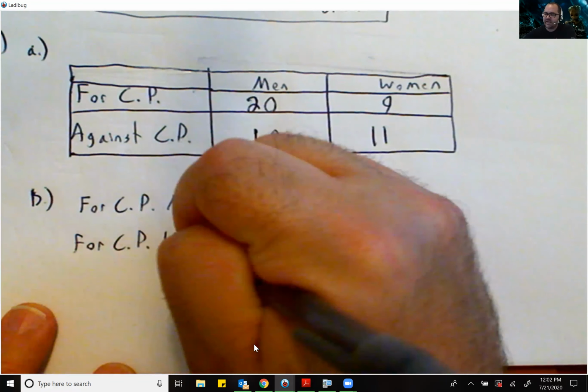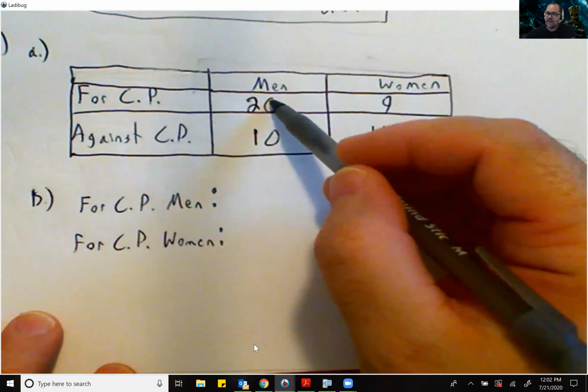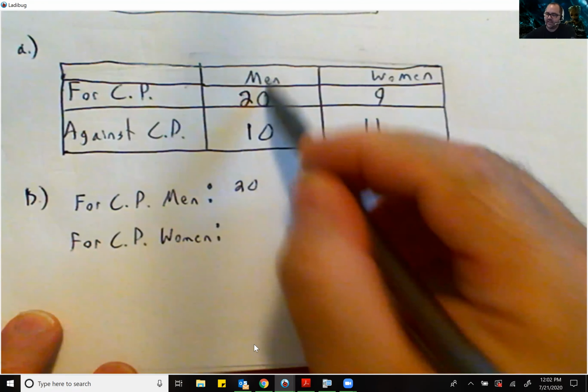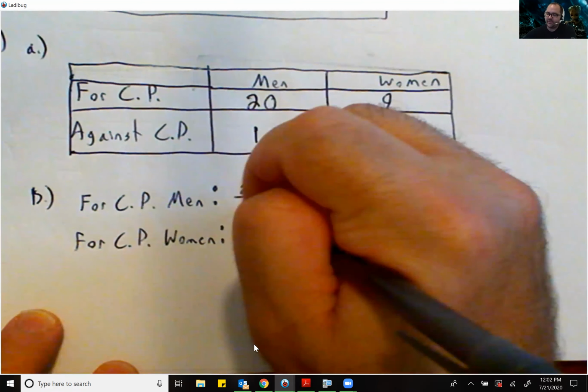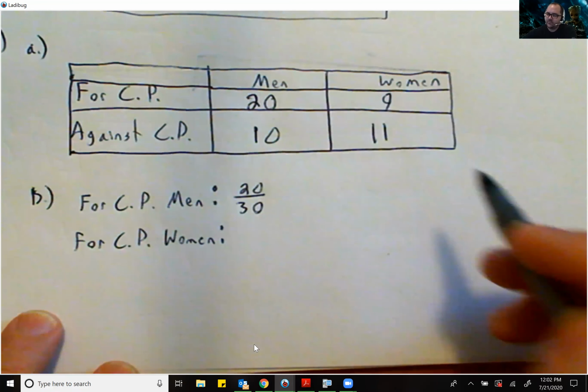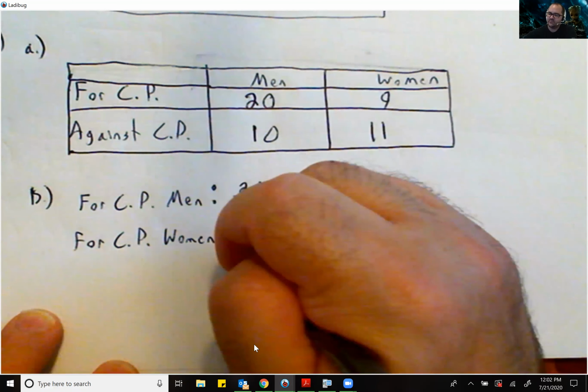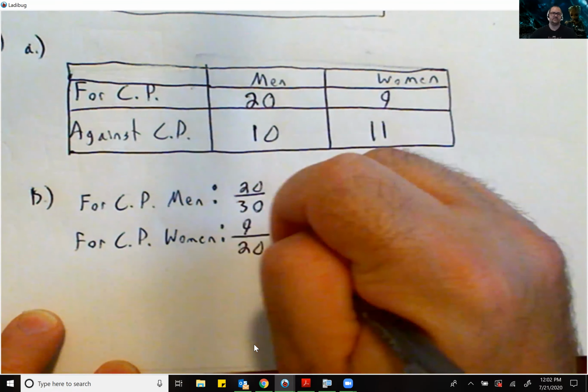All you're going to do is take what we want, which is 20, divided by the total. 20 plus 10 is 30. We're going to take what we want, 9, divided by the total. 9 plus 11 is 20. So we want their percentages.